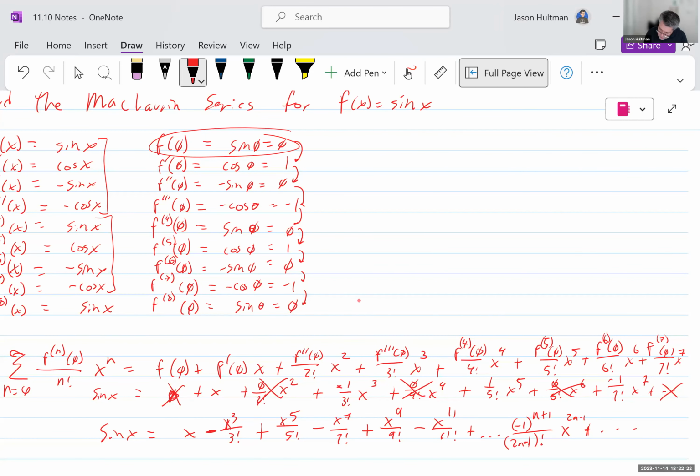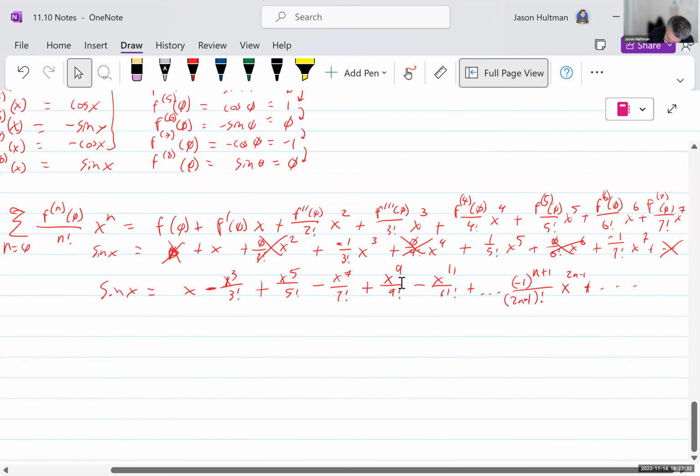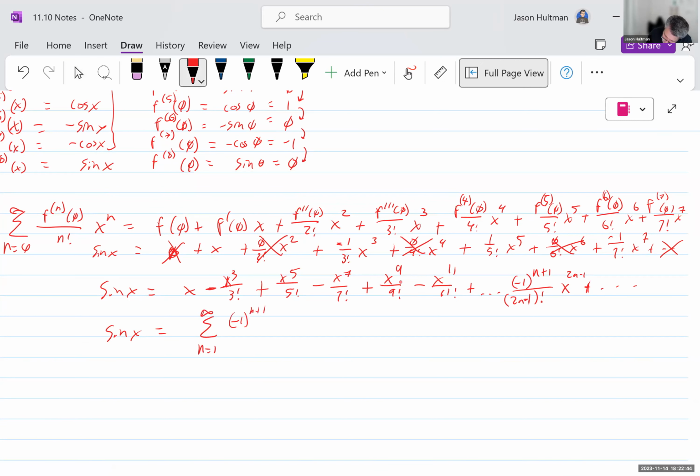Okay, so if I want to write this in summation notation, then we know that sine x is equal to the summation of n equals 1 to infinity of negative 1 to the n plus 1 term. Or you could do n minus 1, it really doesn't matter.